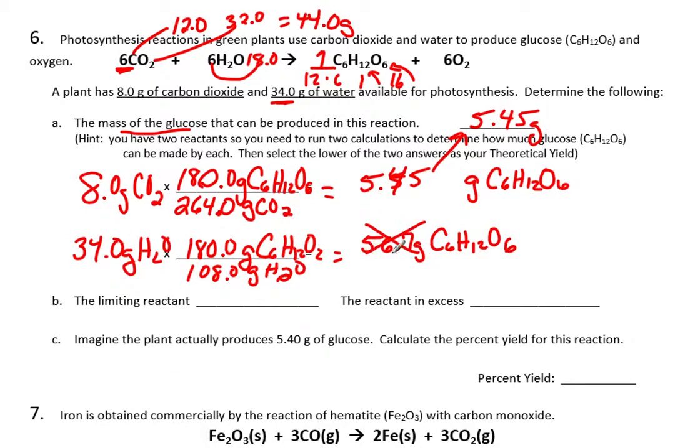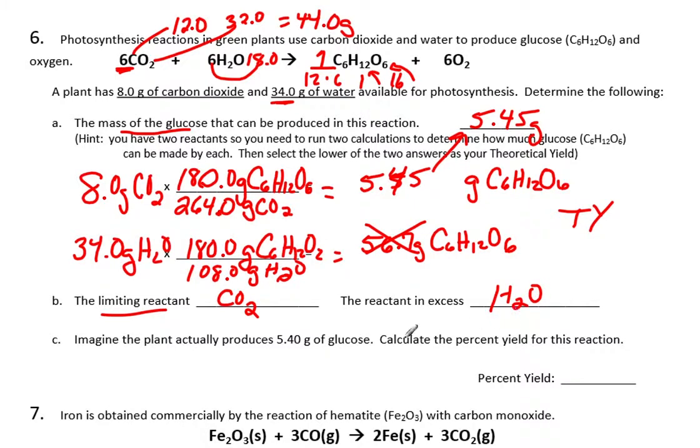There's no way on earth I can get anywhere close to 56 or 57 grams because I don't have enough carbon dioxide to do that. So here's my theoretical yield. Now, this is the amount I make when this runs out, so that limits me from making more. So carbon dioxide is my limiting reactant. I have plenty of water. I have enough water to make 56 grams, but I'm only making 5. So I have plenty of water left over.